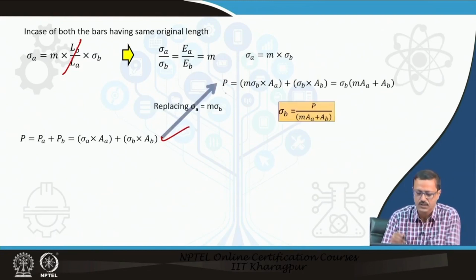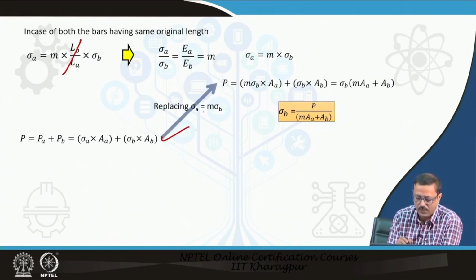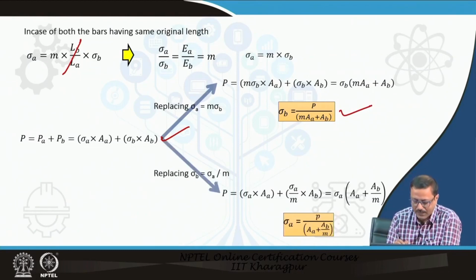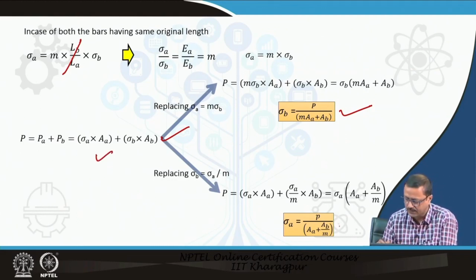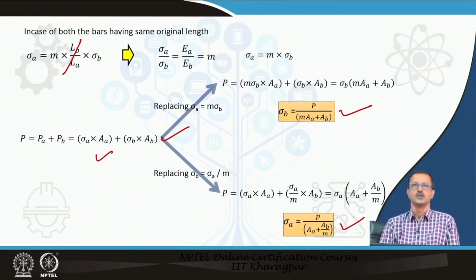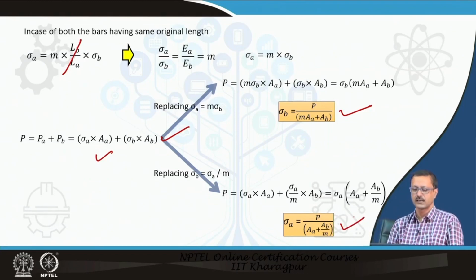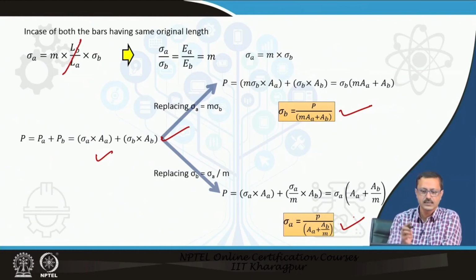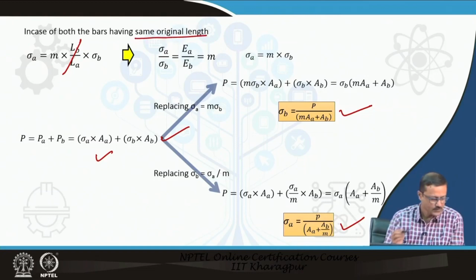From it we can replace sigma_A with m times sigma_B and find sigma_B, or we can replace sigma_B with sigma_A by m, just the reverse, and then find sigma_A also. So, you have two paths to find sigma_A and sigma_B, and that of course requires the modular ratio and the cross section area values. Please remember, this is for when the lengths are the same.